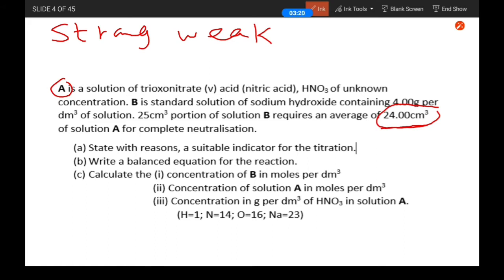Now, in this case, trioxonitrate(V) acid is a strong acid, and sodium hydroxide also is a strong base. So in this case, any indicator can be used.